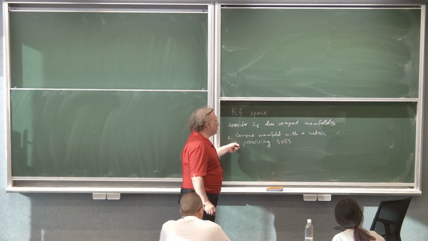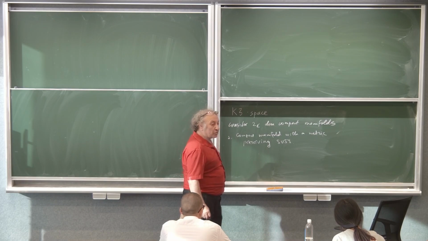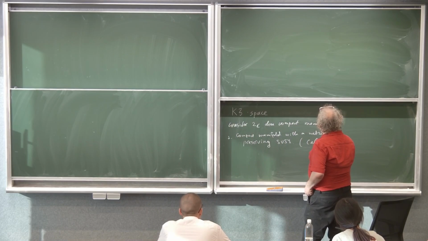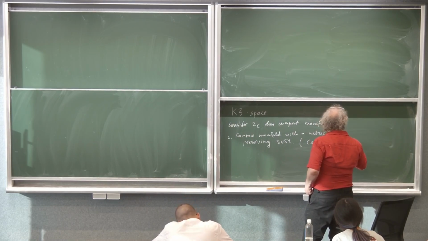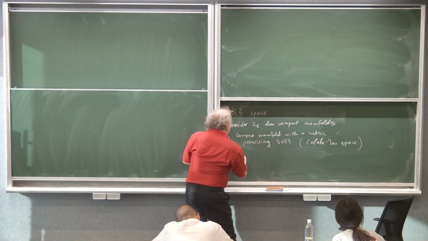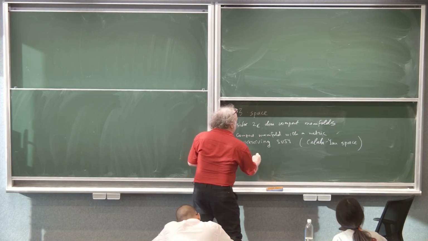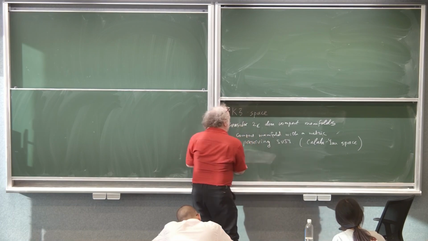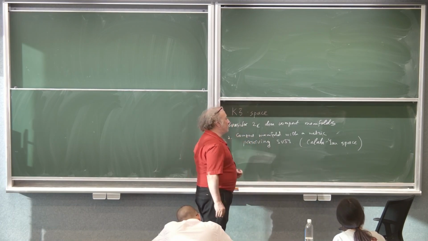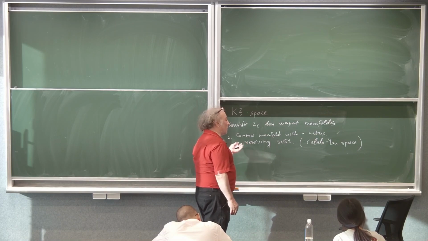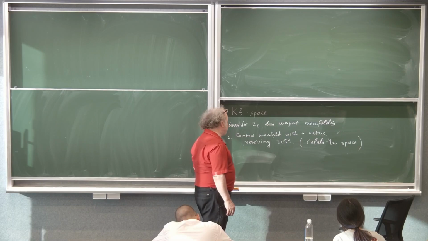A compact manifold with a metric preserving supersymmetry is called a Calabi-Yau space, in complex dimension 1. Okay, so how can we understand the condition? What would be these manifolds?